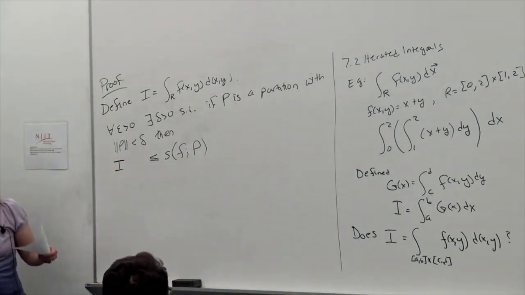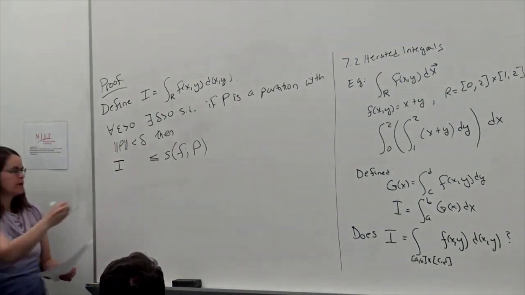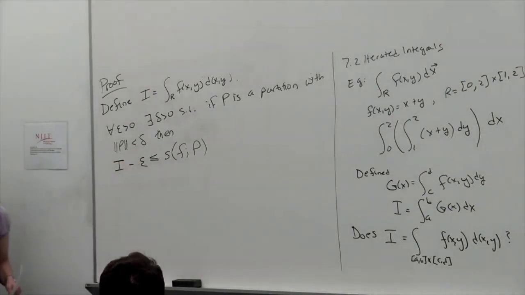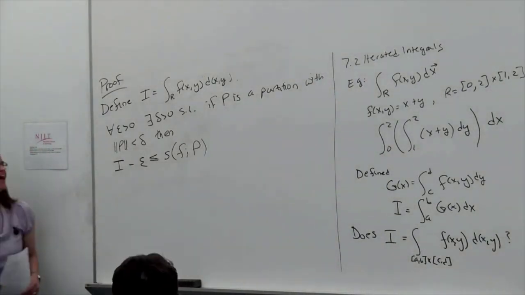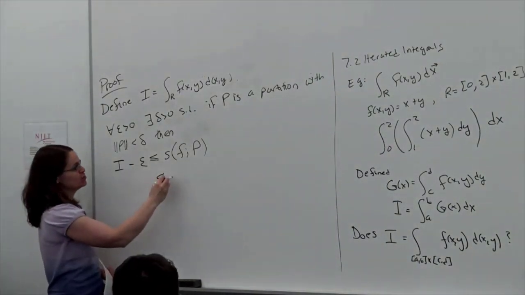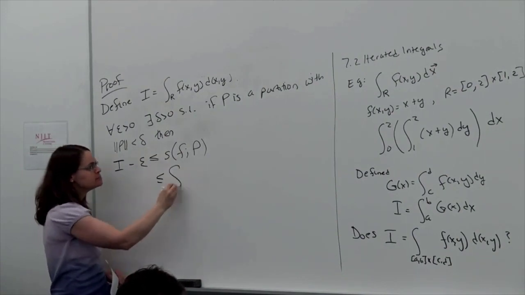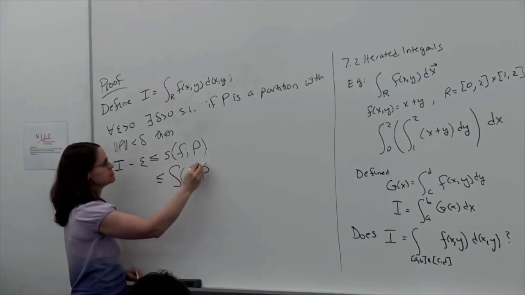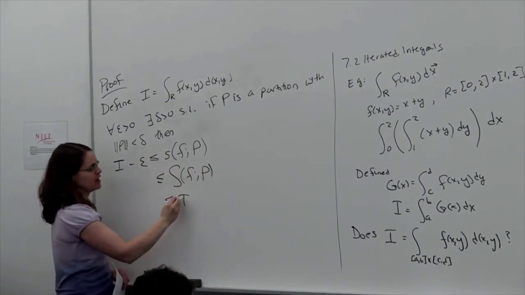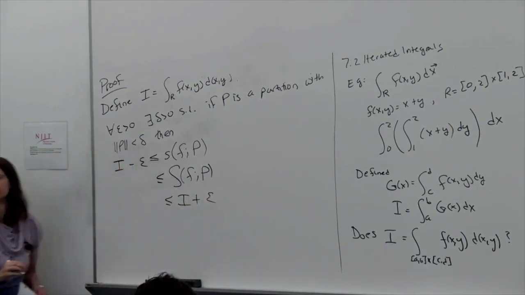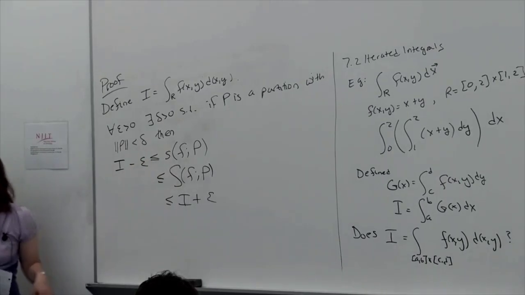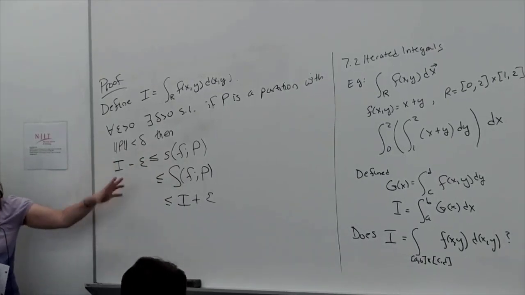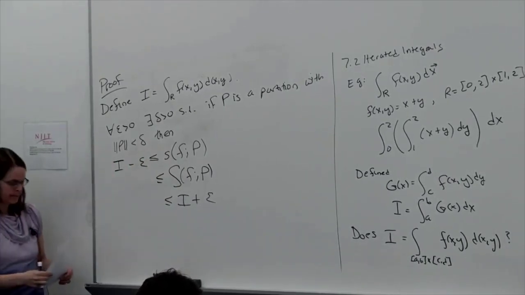It's not way below the integral I. The most below it can be is I minus epsilon. You were getting worried that I wasn't going to put the epsilon there. I see that. All right, and then this, of course, is less than or equal to the upper sum, which is going to be less than or equal to I plus epsilon. So everything is sandwiched in here, and the Riemann sums are sandwiched in between here. So I kind of have everything I need here, and I can pick whatever pieces I want as we go along.